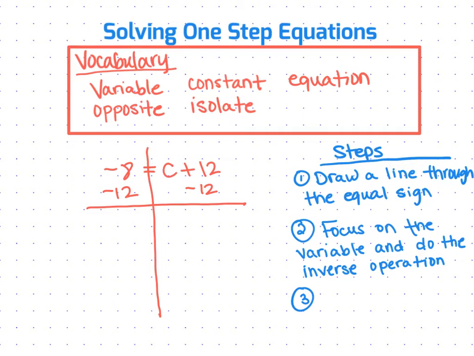Next, I'm going to simplify my equation. So I know that if I have positives and 12 negatives, that is nothing. So that is going to go away. It's going to leave me with my variable. And then on the left-hand side, I have 8 negatives and 12 negatives, which gives me 20 negatives.